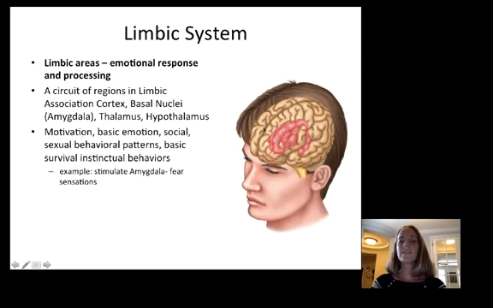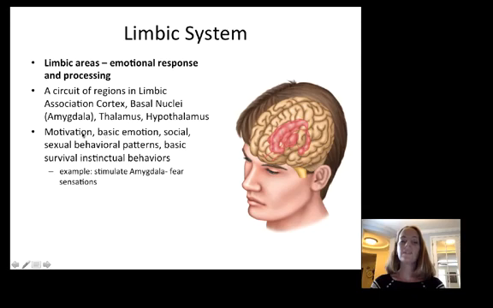So the limbic system is a sort of newer research system that we are currently seeing more and more research going on because of the interest in autism and PTSD and other emotionally or social related disorders.